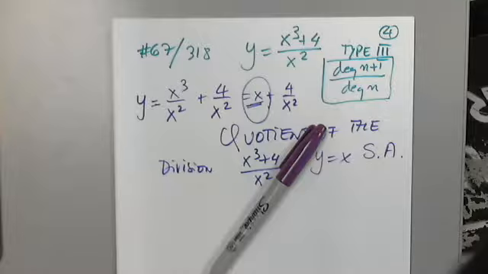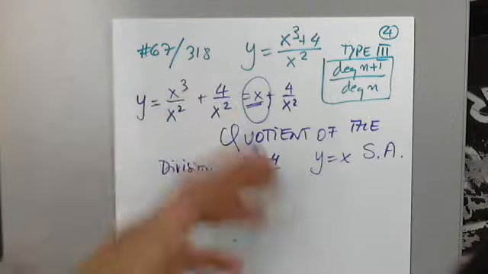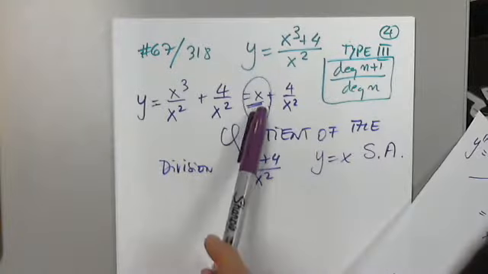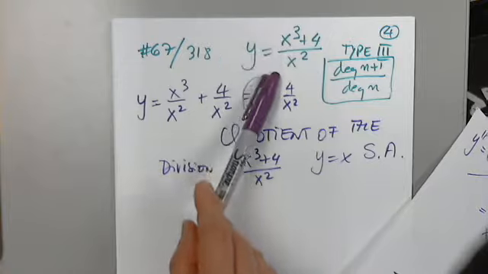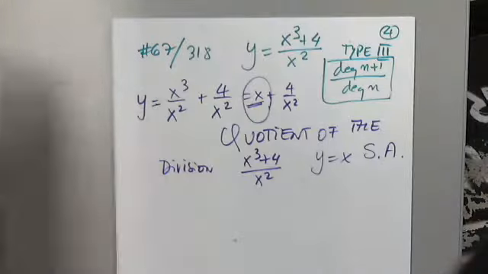It will have to follow the line, which is y equals x. And that would be the end behavior. That's the only difference from the other ones. That's it. So this one has a slant asymptote, and I determine the slant asymptote by finding the quotient of the division, top divided by bottom. That's the only difference. Everything else is the same.